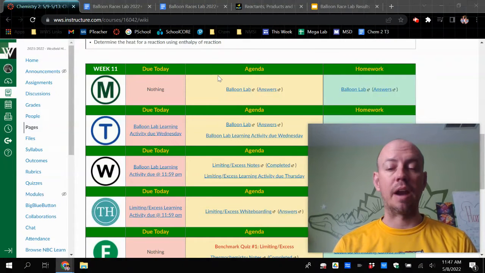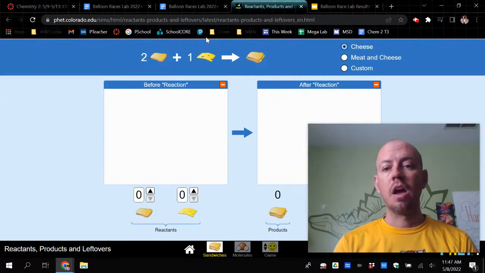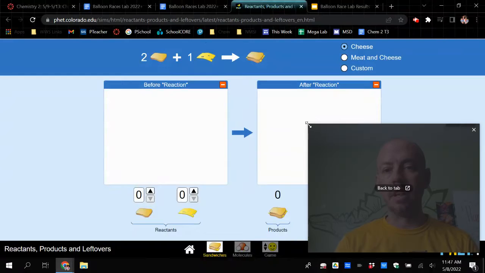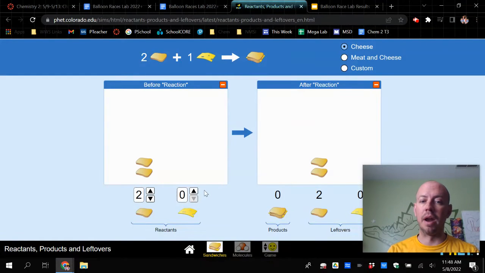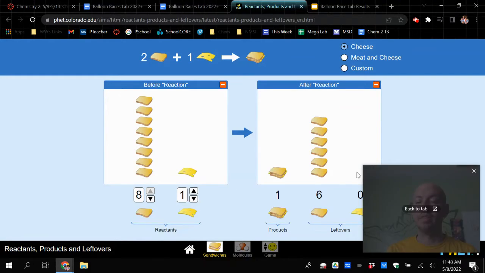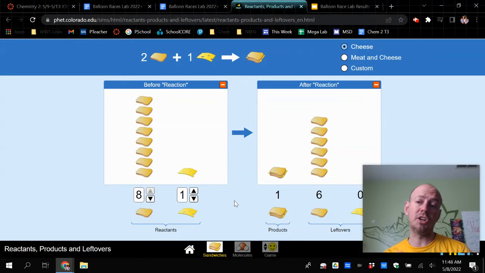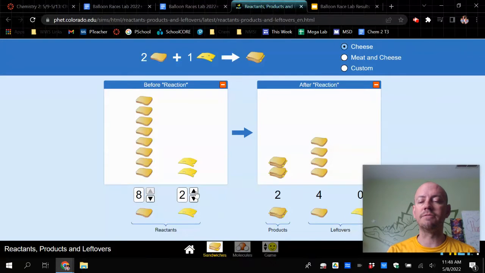So I'm going to click around and show you a couple different things. Right here, and I'll make myself a little bit smaller on this guy. This is a very simple simulation of making a grilled cheese sandwich. So I have to have bread and I have to have cheese. The more bread I put in, the more sandwiches I could make, but I have to have enough cheese to be able to make those sandwiches as well.